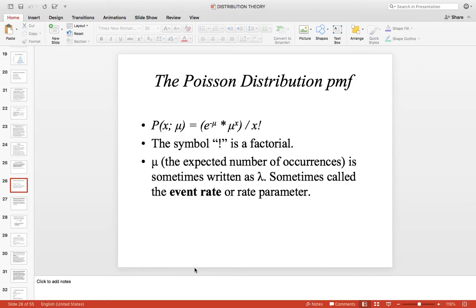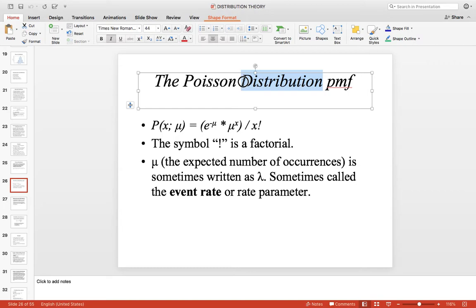So here, the probability mass function, not distribution function, mass function, of a Poisson distribution is given as e raised to the power of minus mu into mu raised to the power of x, divided by x factorial. Mu is the expected number of occurrences, 2, 3, 4. It's sometimes written as lambda.